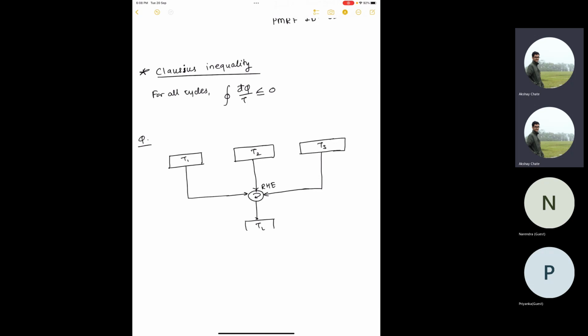It is given in the question, and from this heat engine you are getting some work output.